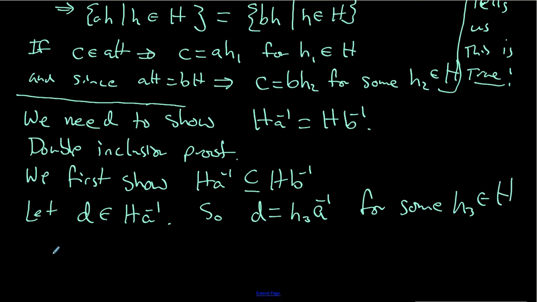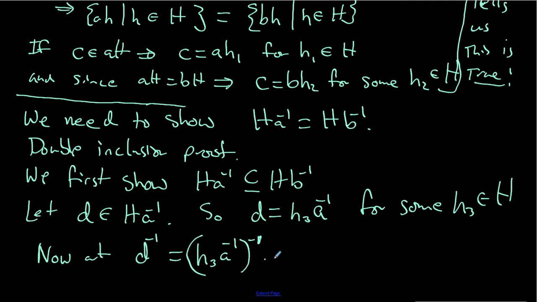Now what I'm going to do is look at D inverse. Now D inverse is going to be h3 A inverse, inverse. And we know how to find inverses in groups. We have to change the order of the two elements, and then we hang an inverse on both of them. But of course, A inverse inverse is just A, and so we have A times h3 inverse.